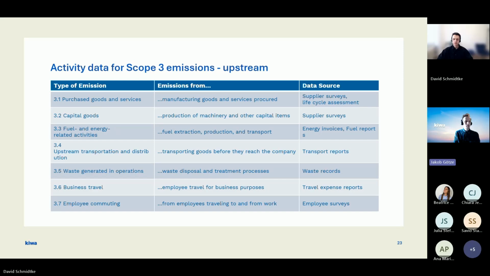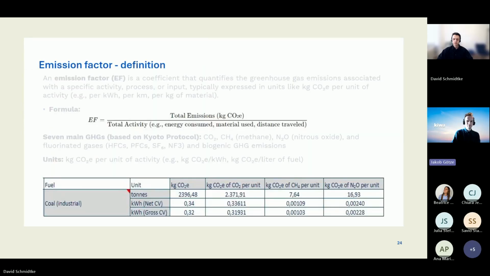And therefore, we use the same energy invoices or fuel reports we would also apply in scope 1, but apply a different emission factor, as we don't want to assess the direct emissions, but the upstream or downstream emissions. Next slide, please.